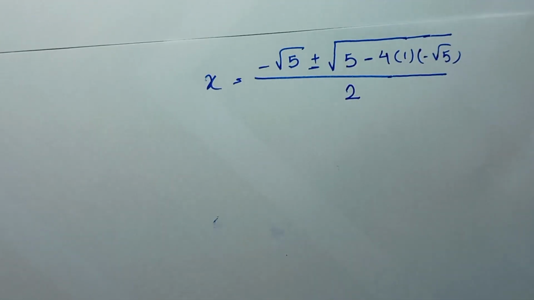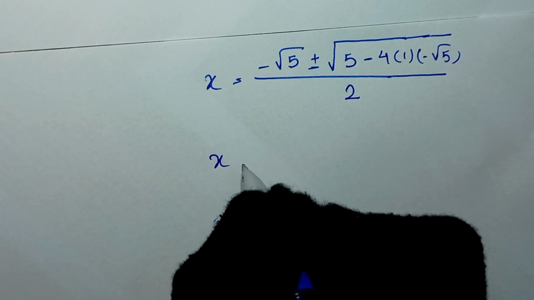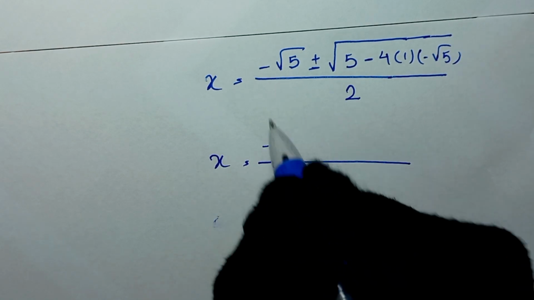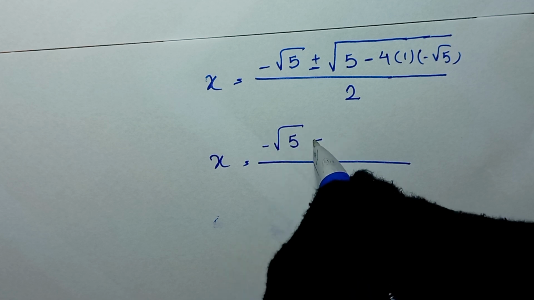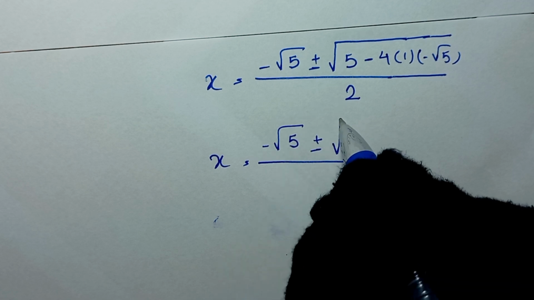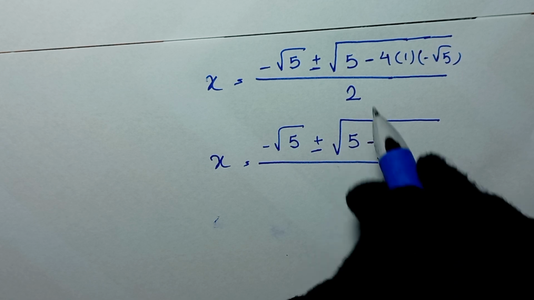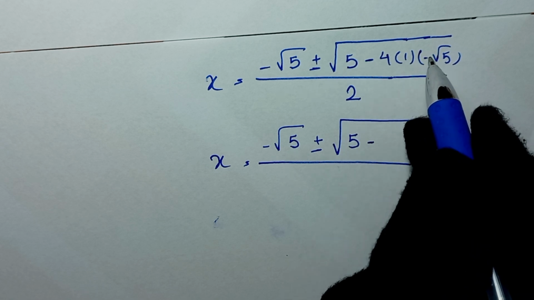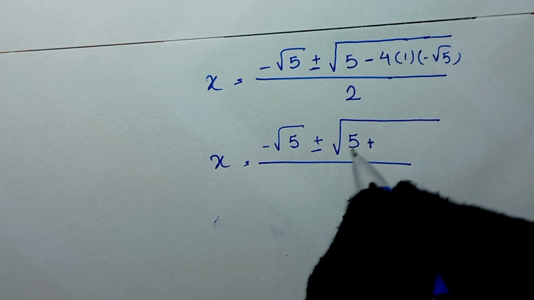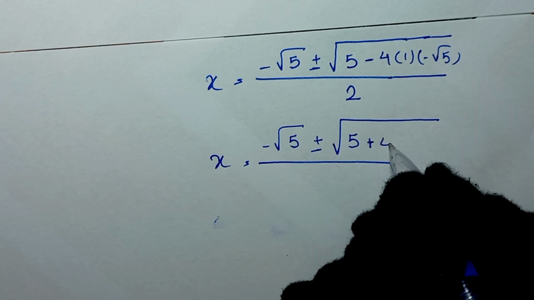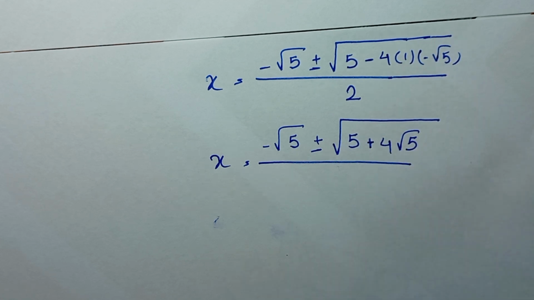And x is equal to negative square root of 5 plus or minus square root of 5 minus this negative times this negative will be positive, so here we have positive, and 4 times 1 is 4, and times square root of 5, it will be 4 square root of 5 over 2.